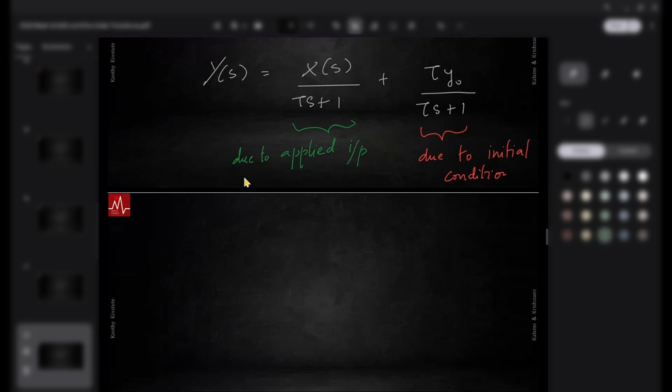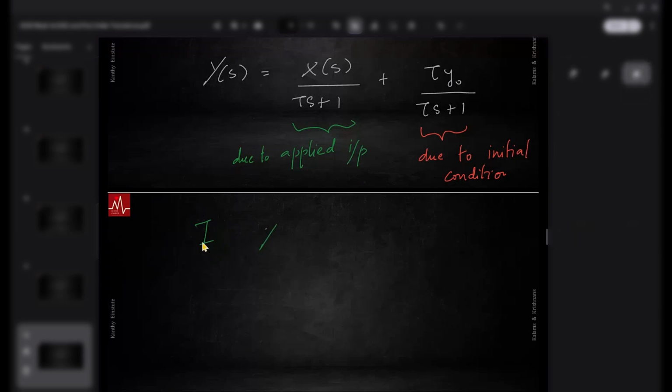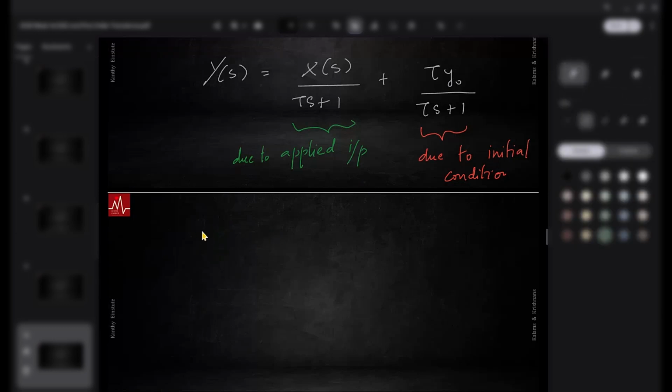Okay, now let's apply our input criteria. The x of s happened to be A naught into 1 by s. U of t, that transforms to, A naught is a constant, u of t transforms to 1 by s, right?